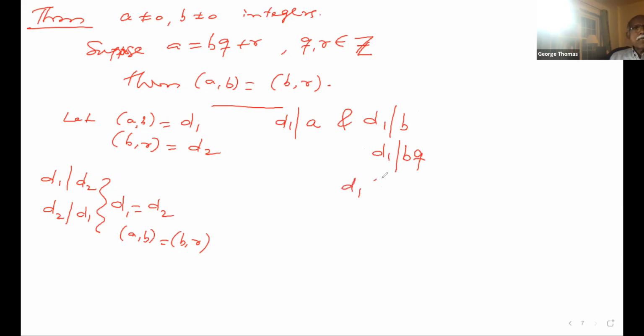Therefore, D1 divides A minus BQ. But A minus BQ is R. D1 divides R. D1 divides B. Therefore, D1 is a common divisor. Therefore, D1 divides the greatest common divisor.